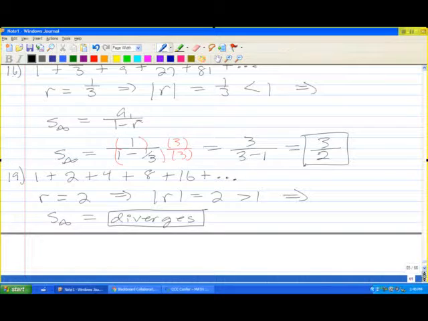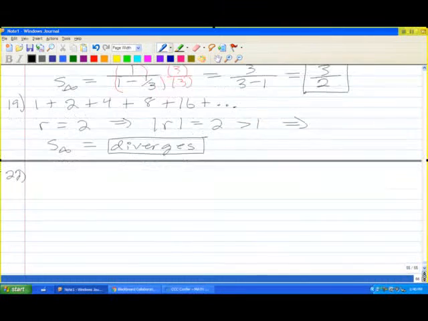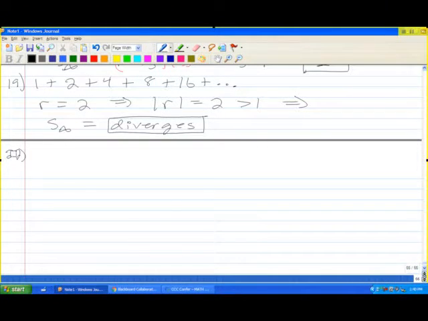Okay. Let me do problem number 22. And so, a king. This is actually an old Persian story about the invention of chess, and it's retold here in a little different light.